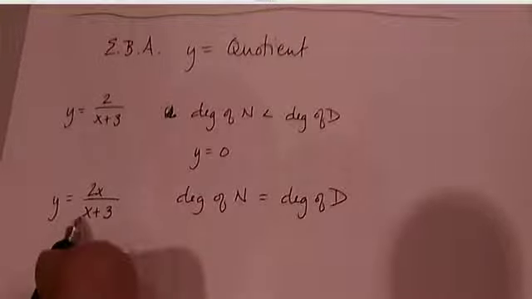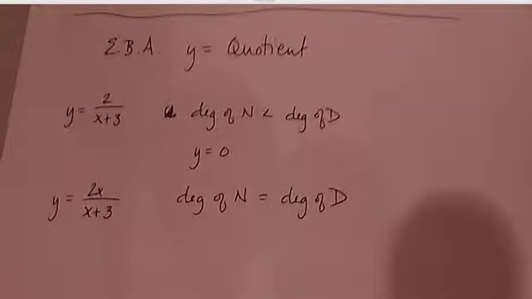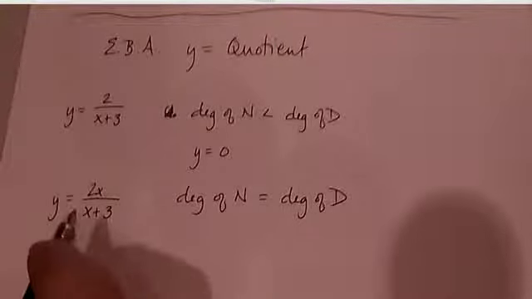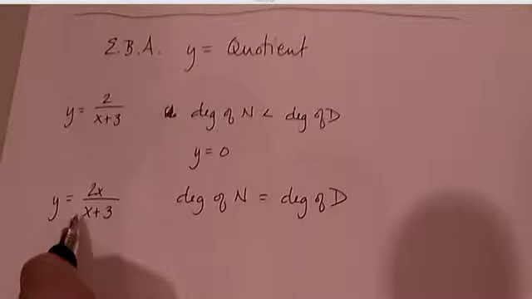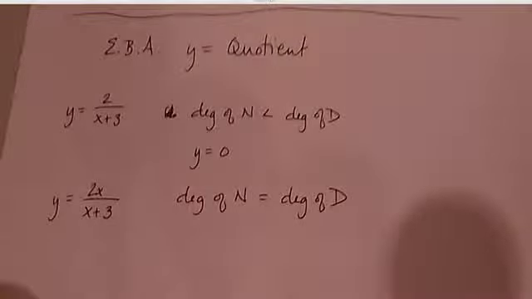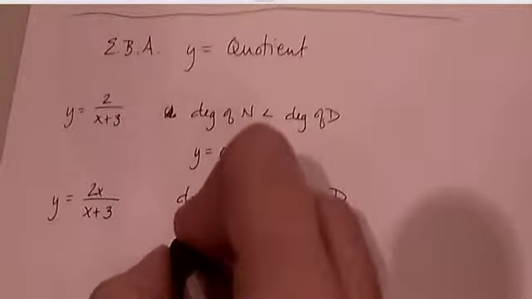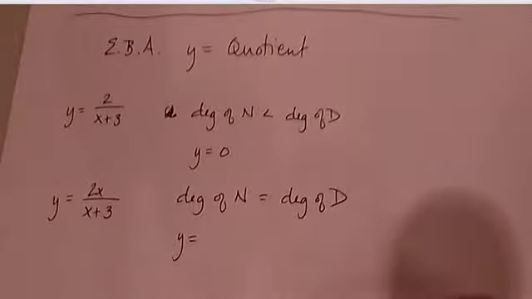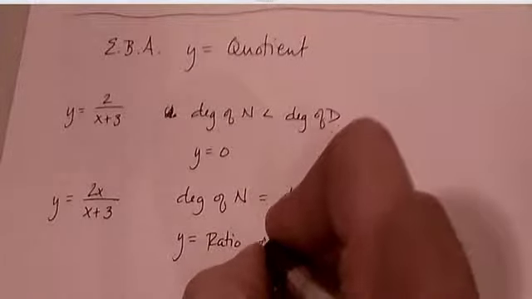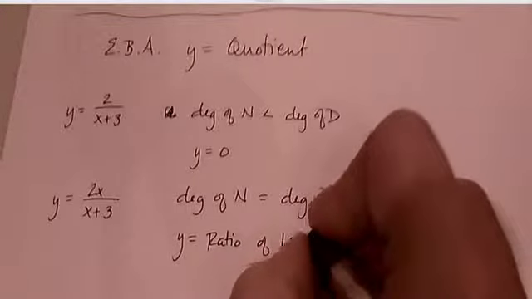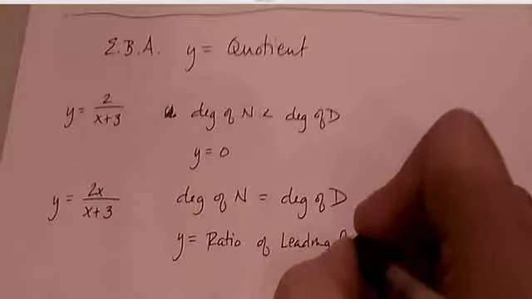Because you know that when you actually set up the polynomial long division, x plus 3 goes into 2x plus 0, how many times does x go into 2x? Well, it goes in twice, right? And so what happens, if the degrees are the same, you always get an end behavior asymptote of y is equal to the ratio of the leading coefficients. Okay?